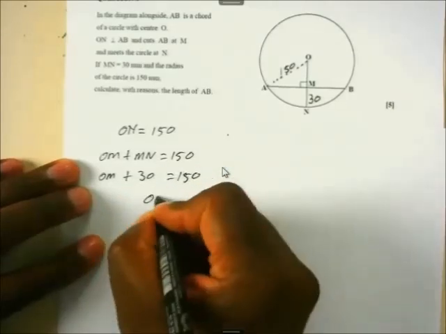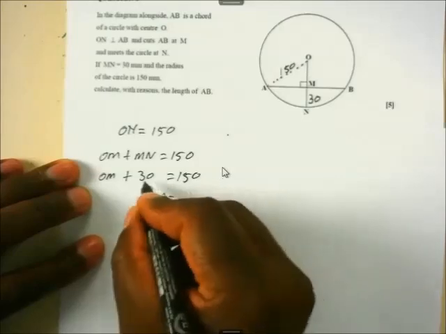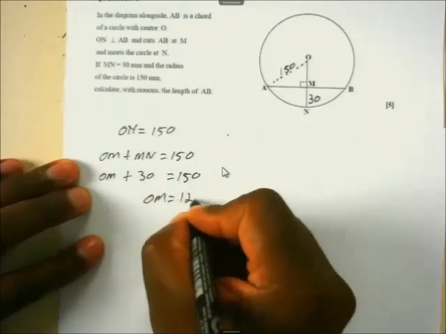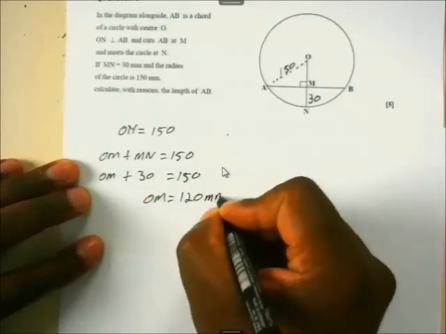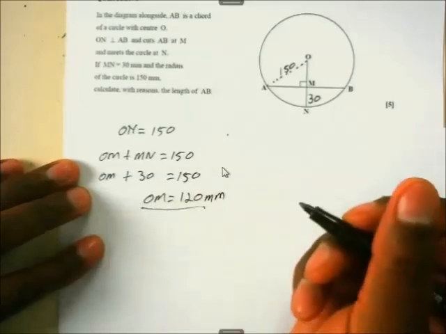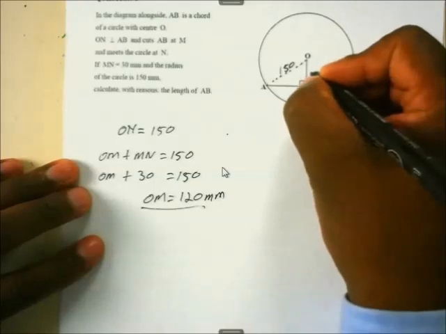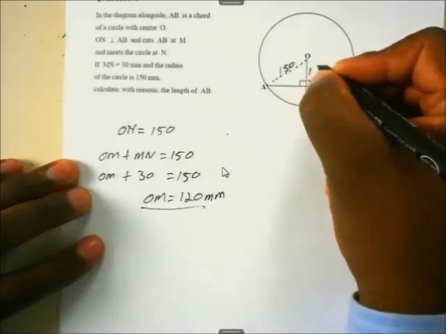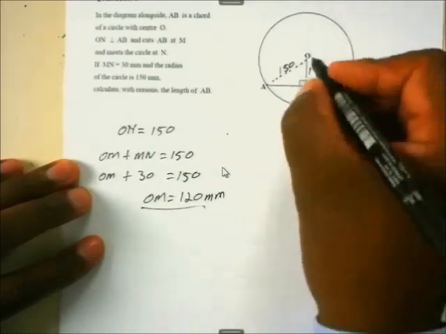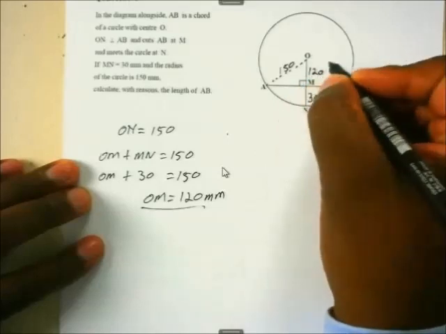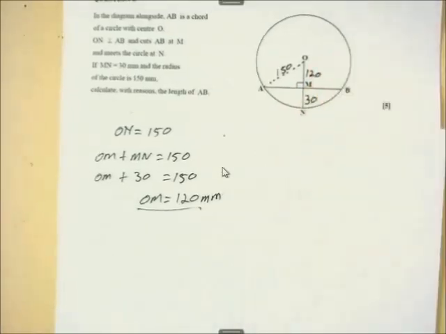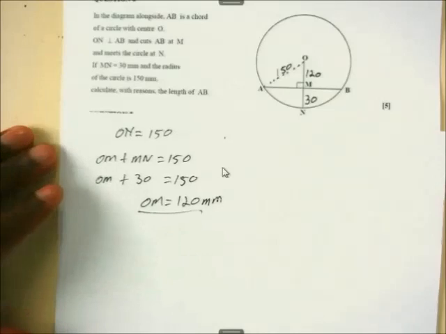Therefore OM equals 150 minus 30, which gives us 120 millimeters. That is the length of OM.